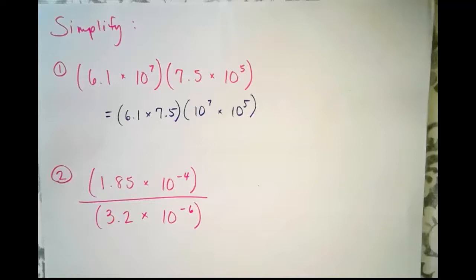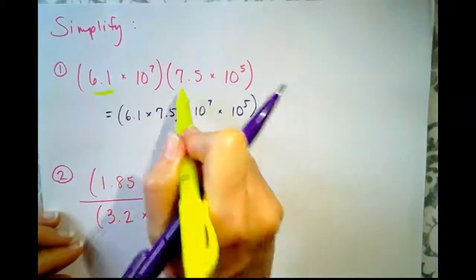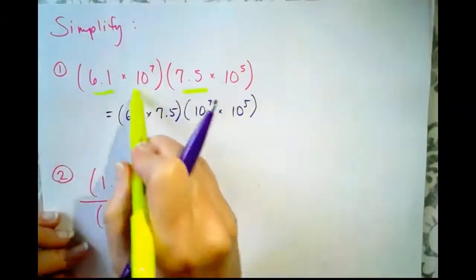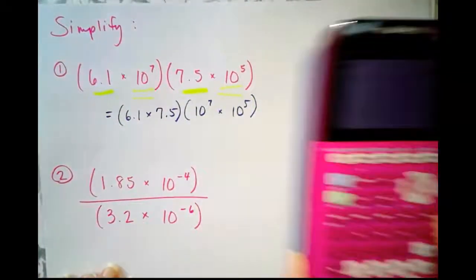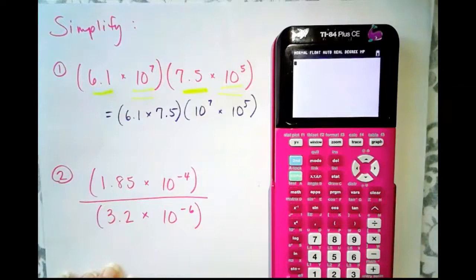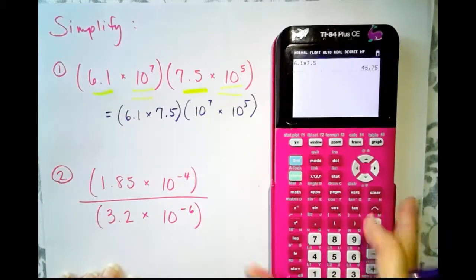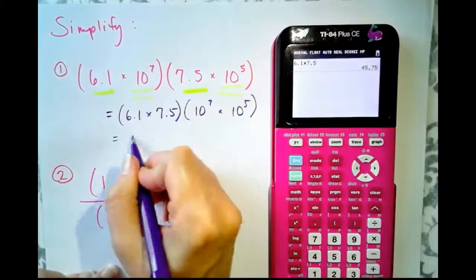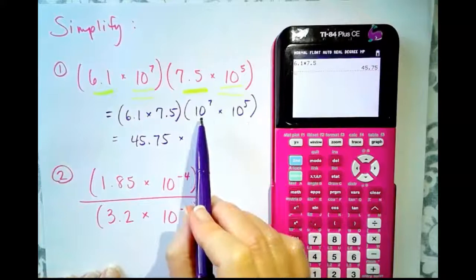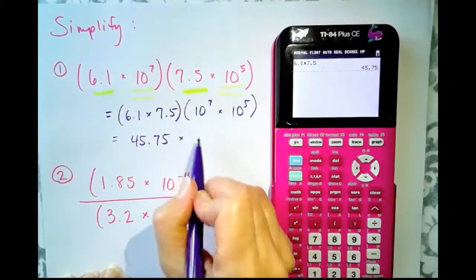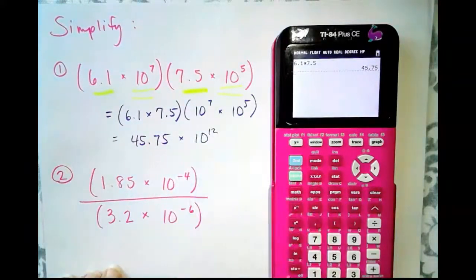So I just changed the order and I put the two coefficients together, and then I put the two powers of 10 together. So now if we go to our handy calculator, 6.1 times 7.5 is 45.75. And of course, 10 to the 7th times 10 to the 5th is 10 to the 12th.